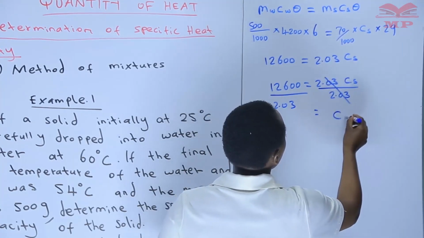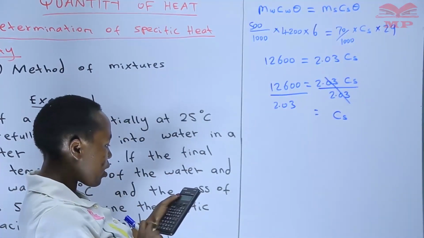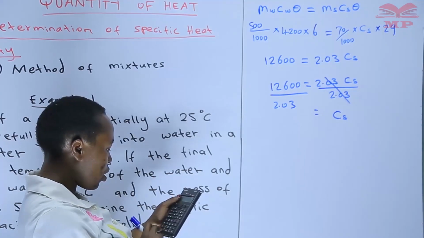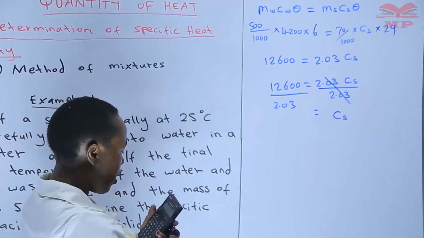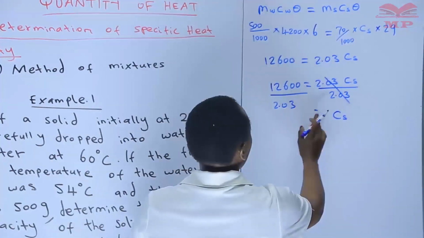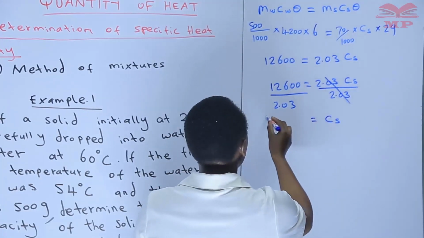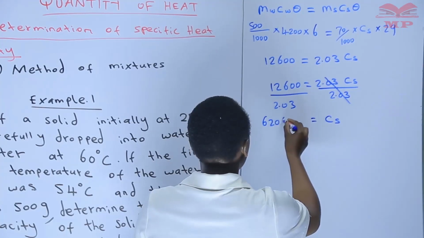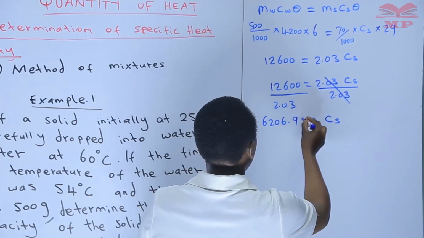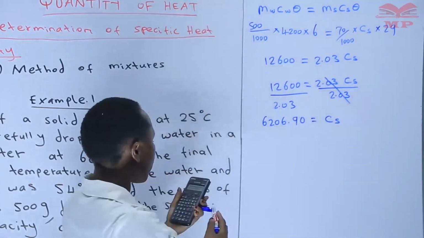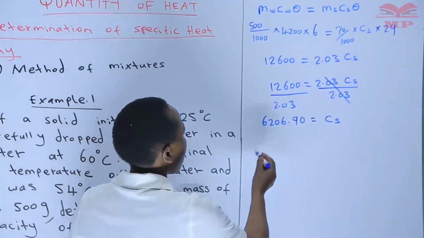So we have the specific heat capacity of the solid to be 12,600 divided by 2.03, which you end up getting as 6,206.896552, which we round off to 2 decimal places.